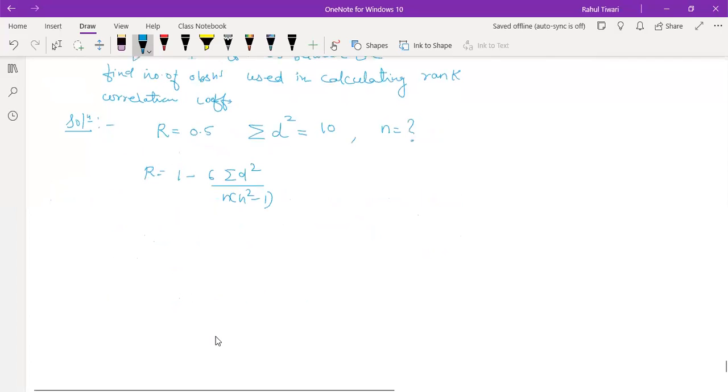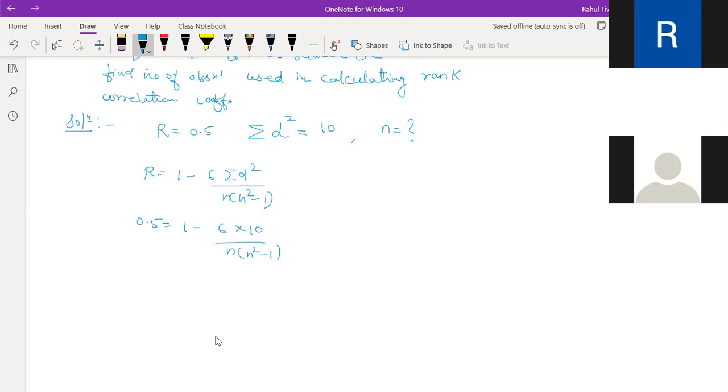Substitute: 0.5 is equal to 1 minus 6 times 10 upon n into n square minus 1, because we don't have the value of n. So this is equal to 60 upon n square minus 1, that is equal to 0.5.